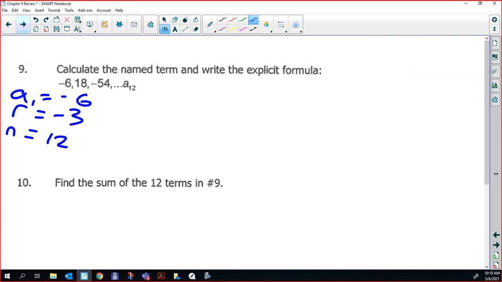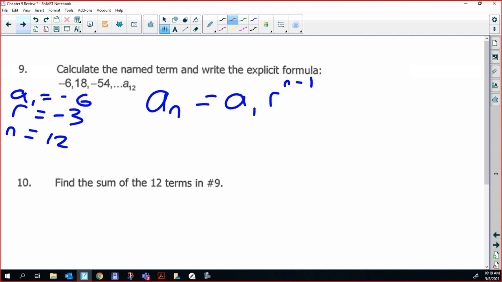All right. So to find the 12th term, the formula for geometric is A1 times R to the n minus 1. What is our R? That's actually X, I think.